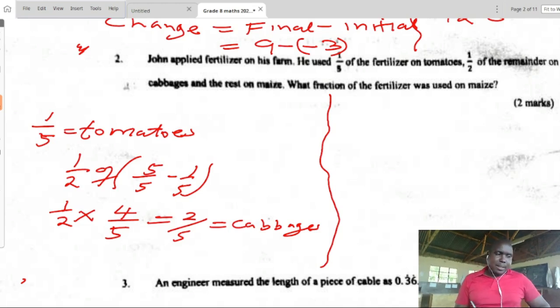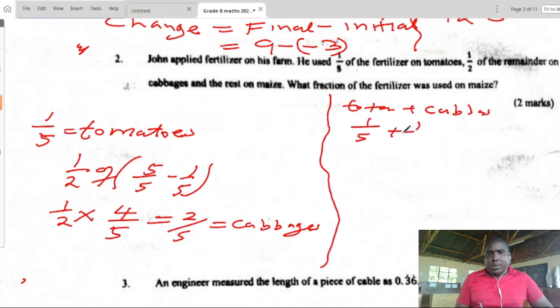Now to get what is remaining, let us add tomatoes plus cabbages. The fraction was 1/3 plus 1/3. This one will be 2/3.